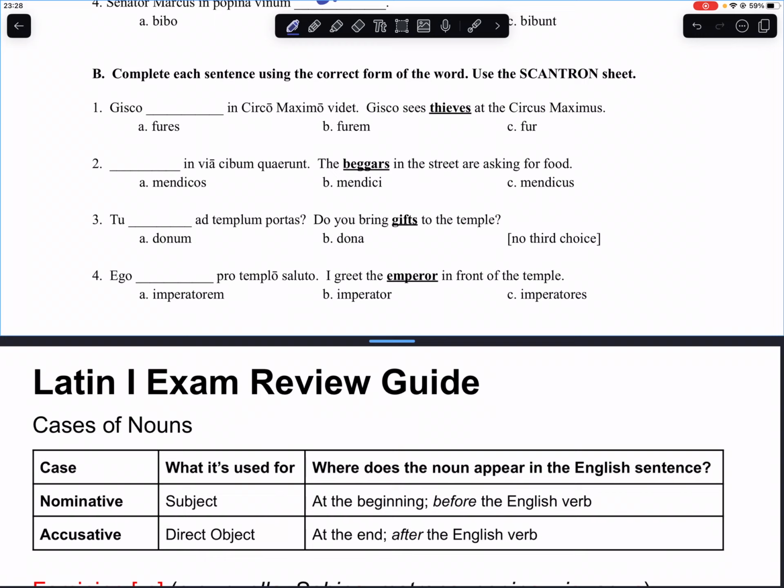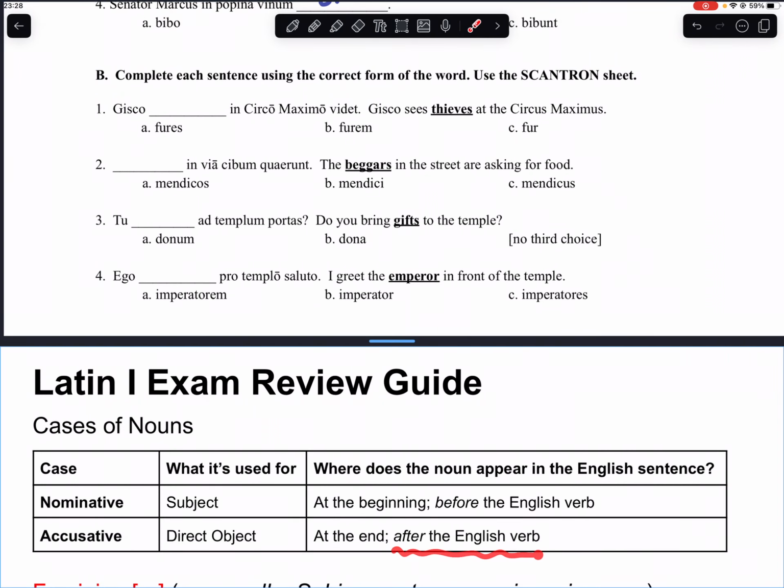Gisco blank in Circo Maximo videt. Gisco sees thieves at the Circus Maximus. Right, so here's my verb, sees. And then it says thieves. Those thieves come after the English verb, which means I'm looking at a direct object, which means I'm looking at something that's accusative.